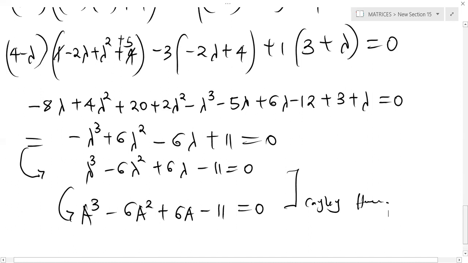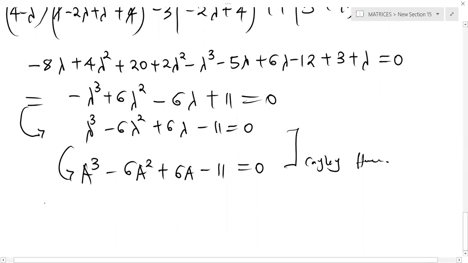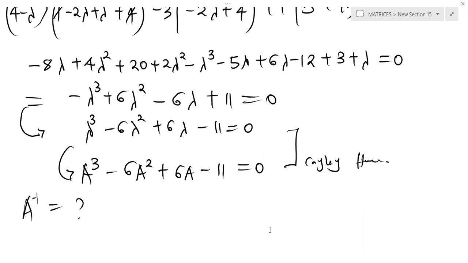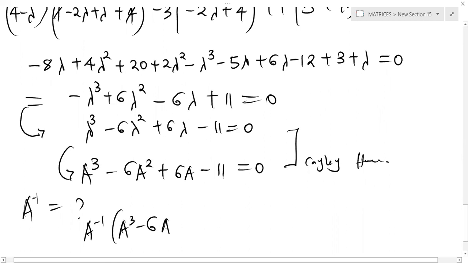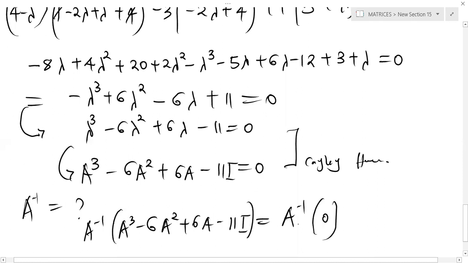In order for us to get A inverse, we will do that by pre-multiplying with A inverse on both sides. So we will pre-multiply this equation with A inverse on both sides. So that will give us A inverse into A cubed minus 6A squared plus 6A minus 11 identity, okay, so there's identity there, is equal to A inverse multiplied with 0.